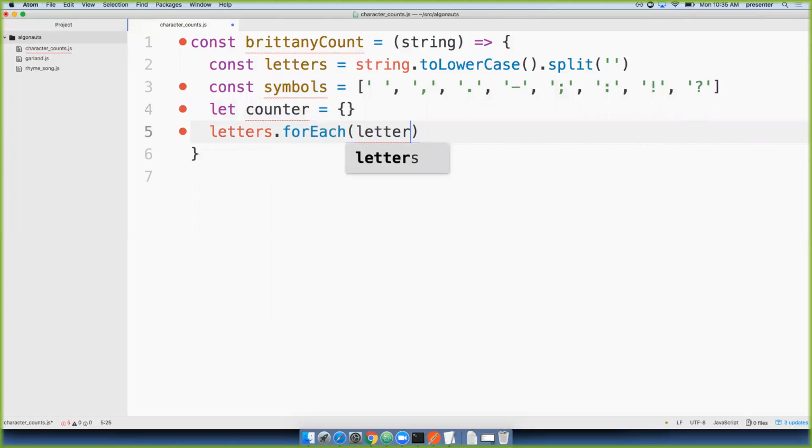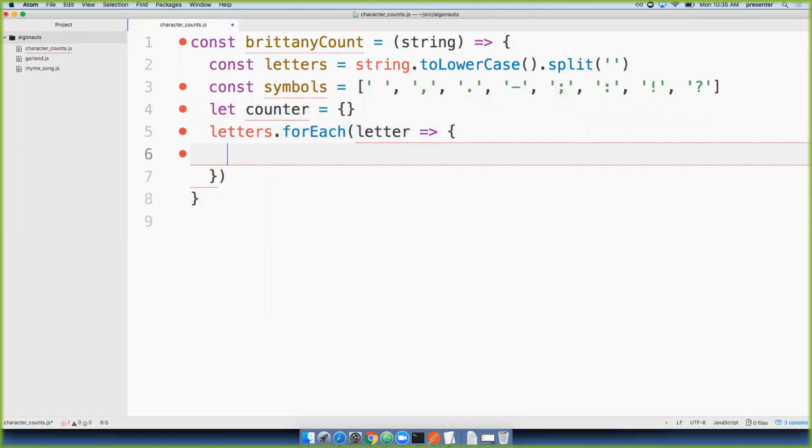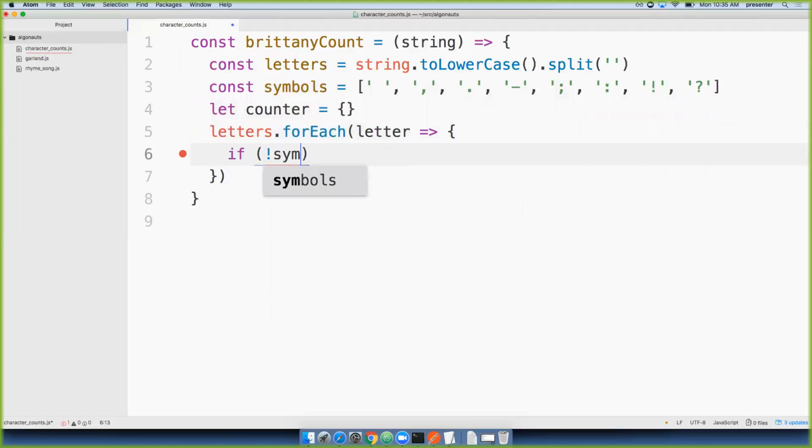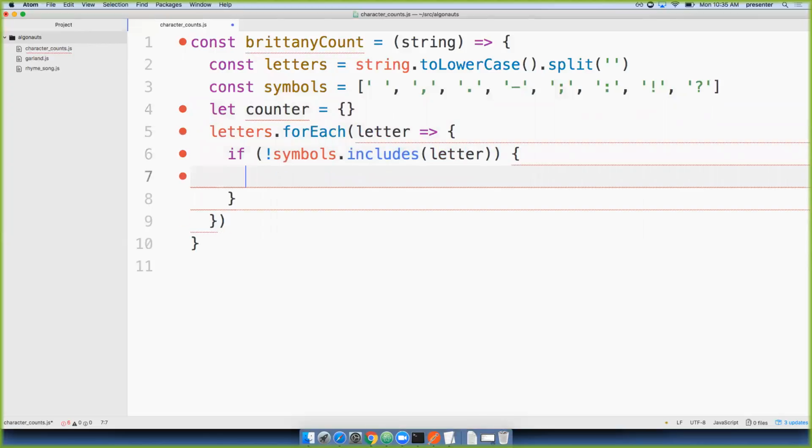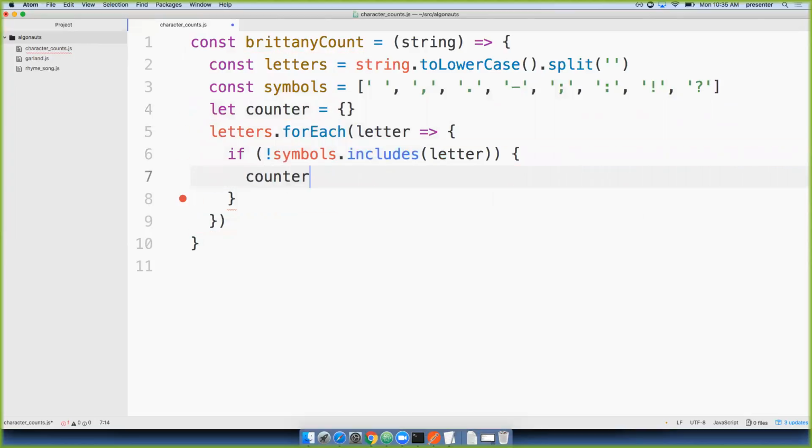Arrow notation. So you put letter in. Oh. Okay. And then if not, symbols dot includes letter. Counter letter in parentheses, or you could do counter dot letter.